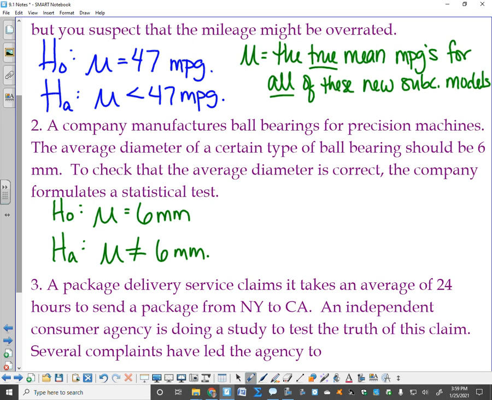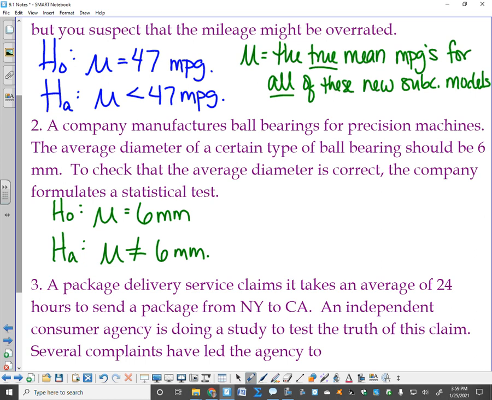I'm just claiming that maybe it's not 6 millimeters. So the null is like the default. They're claiming it's supposed to be 6 millimeters. I'm not sure. I'm going to test it. So my alternate is just that it's not 6 millimeters because they didn't say it was too big or too small.